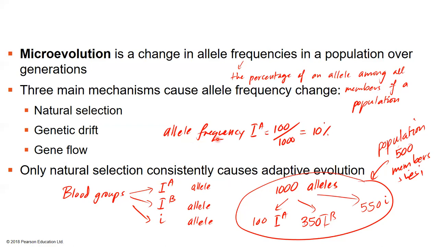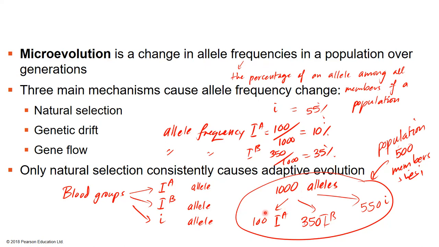This is what is meant by allele frequency. Allele frequency for IB is basically 350 over 1,000, which is 35%, and 55% for the allele frequency of i, small letter. Okay, so this is what is meant by allele frequency.